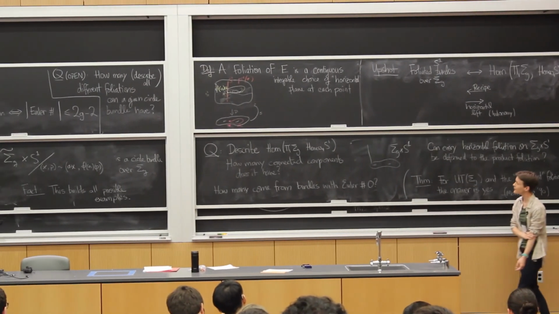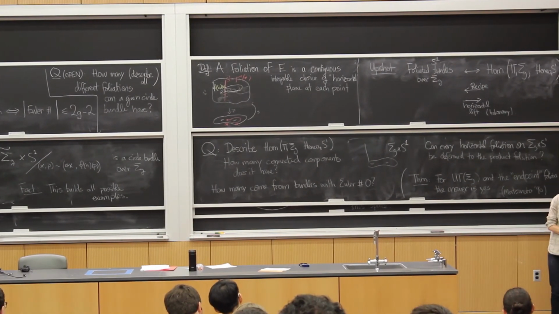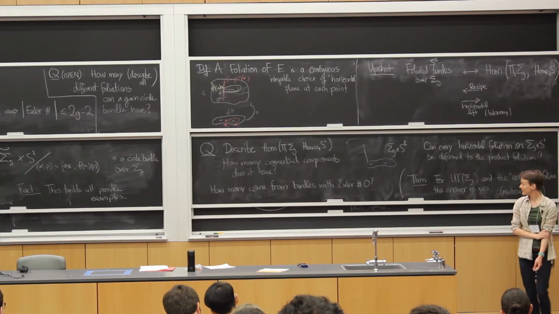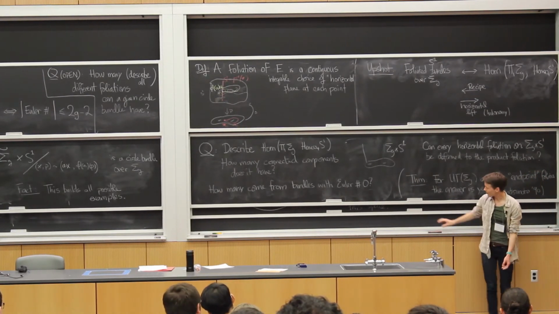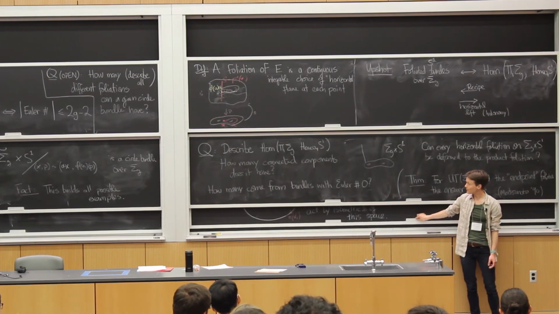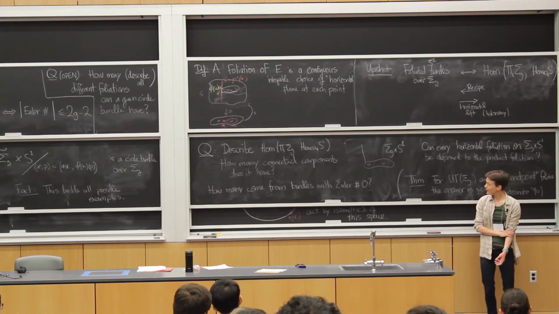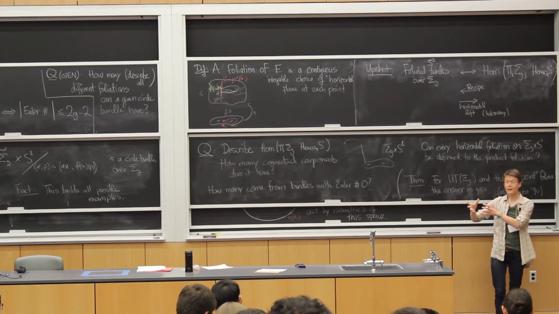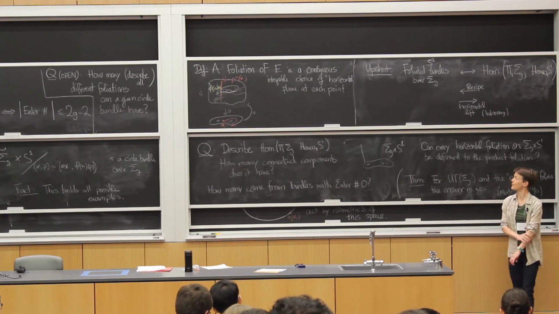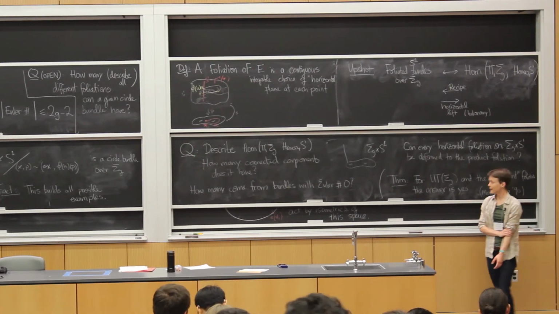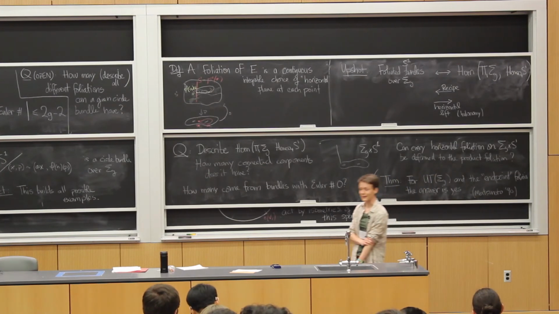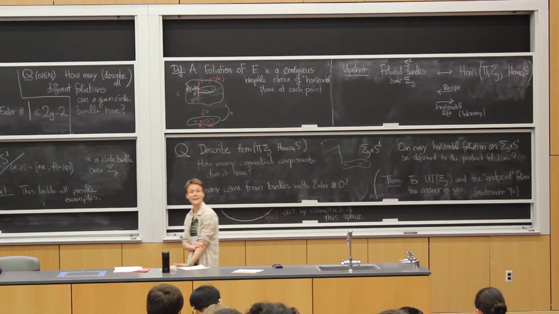So I think this is a really fertile and rich research area that I wanted to advertise, draw some pictures, sort of show you a little bit about how you can very geometrically think about Euler numbers and circle bundles. And I hope that will pique your curiosity and lead to some good conversations. Thanks.